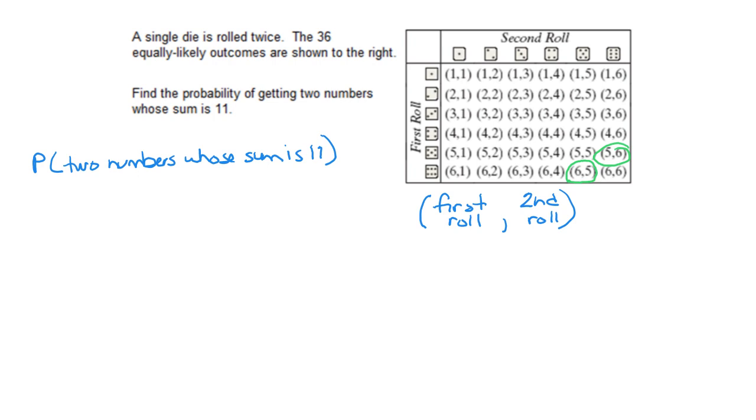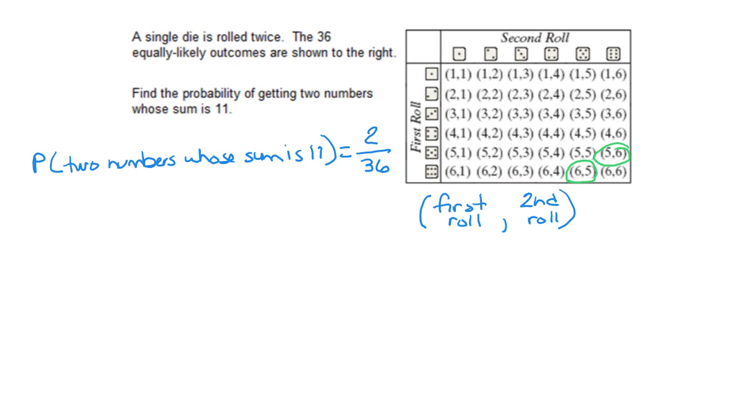So in this case here, this is going to be equal to 2 out of 36 options. There's two ways for me to select a sum of 11, which would be 6 and 5 or 5 and 6, and out of 36 outcomes.